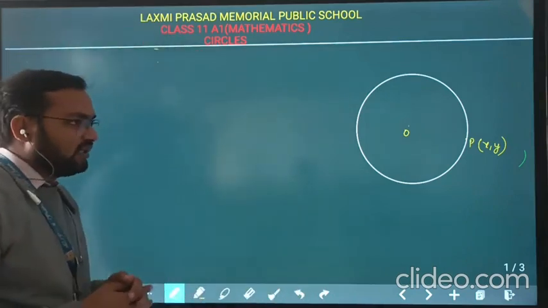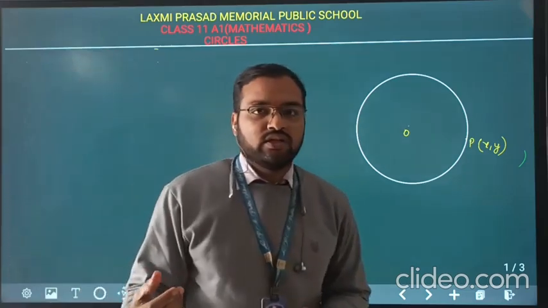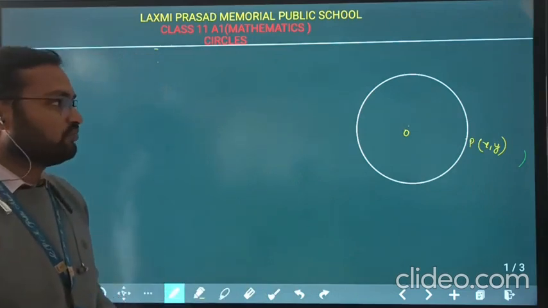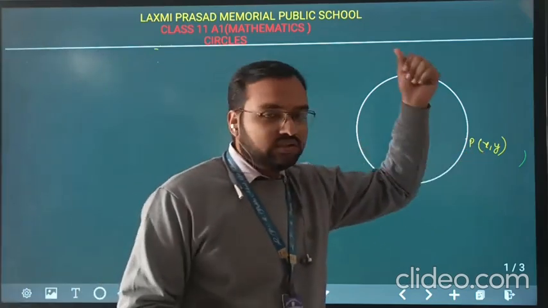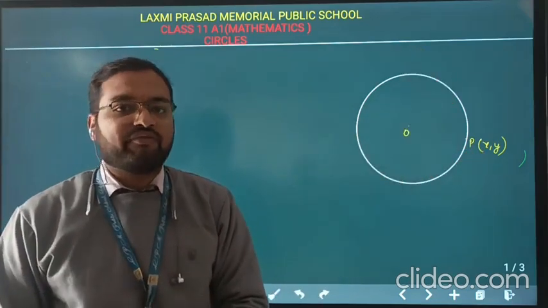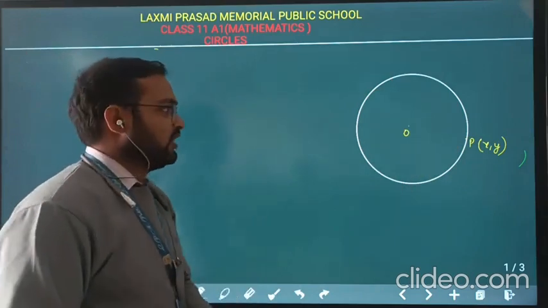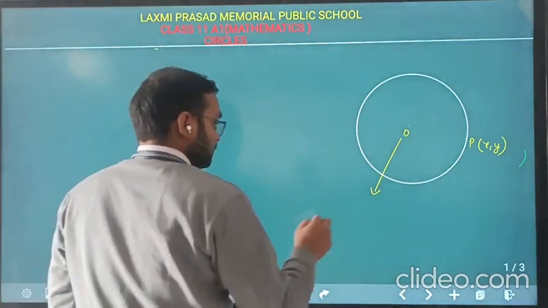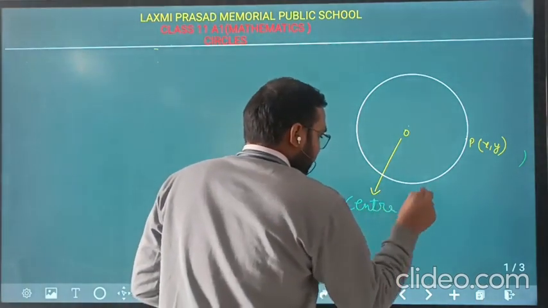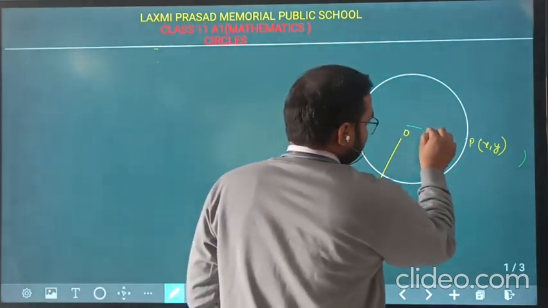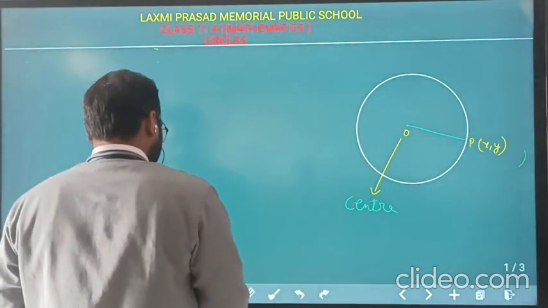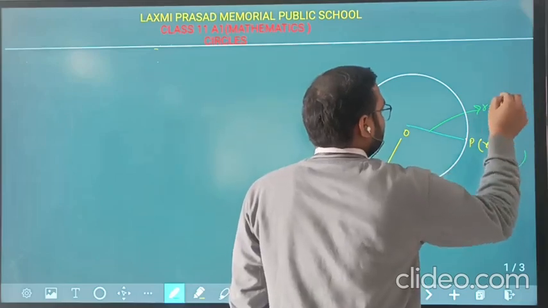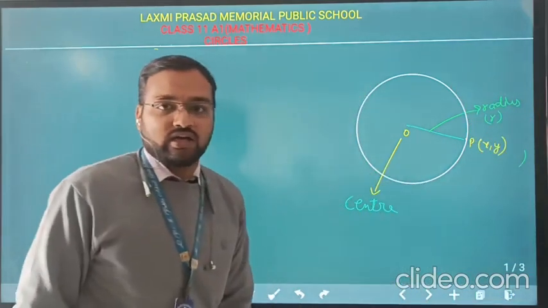The locus of a moving point which is at a fixed distance from a fixed point is known as a circle. This fixed point is known as the center. And this fixed distance OP is known as the radius, and we can represent the radius as R.